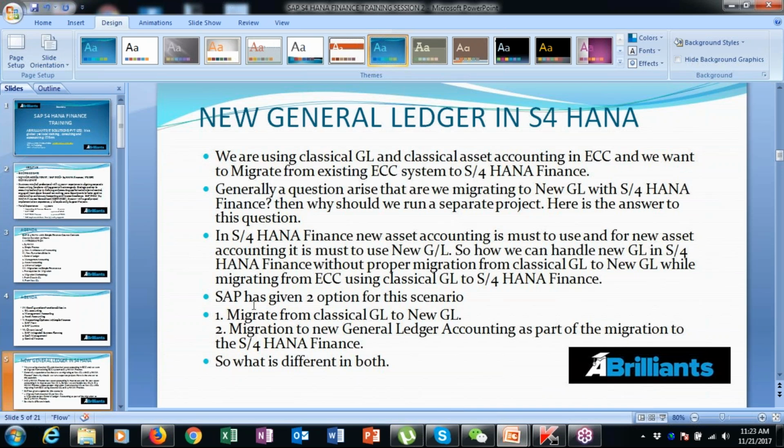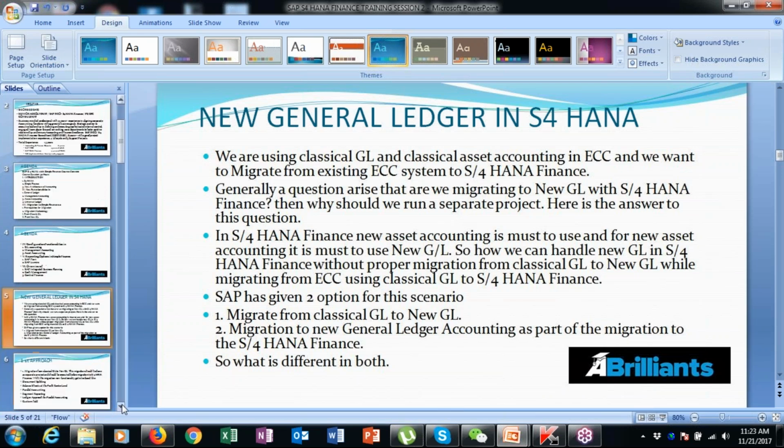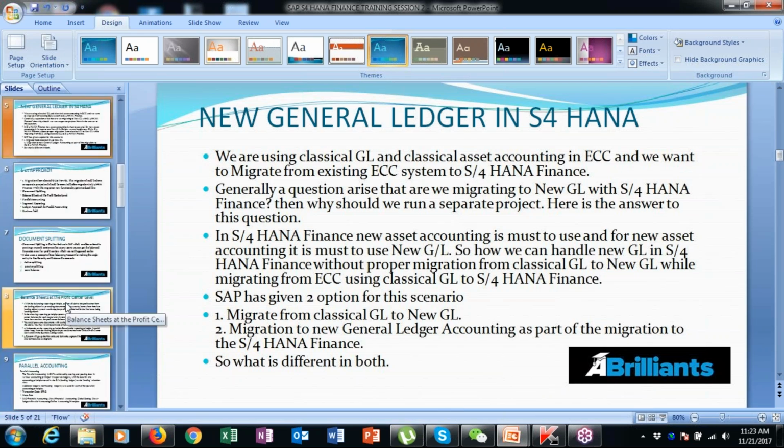We all know that our existing ERP system has two kinds of ledgers. We have the classical GLs, and we also have the new general ledgers. But now, in HANA, we need to do some upgrades. If these upgrades are not done, there will be malfunctioning in our system.